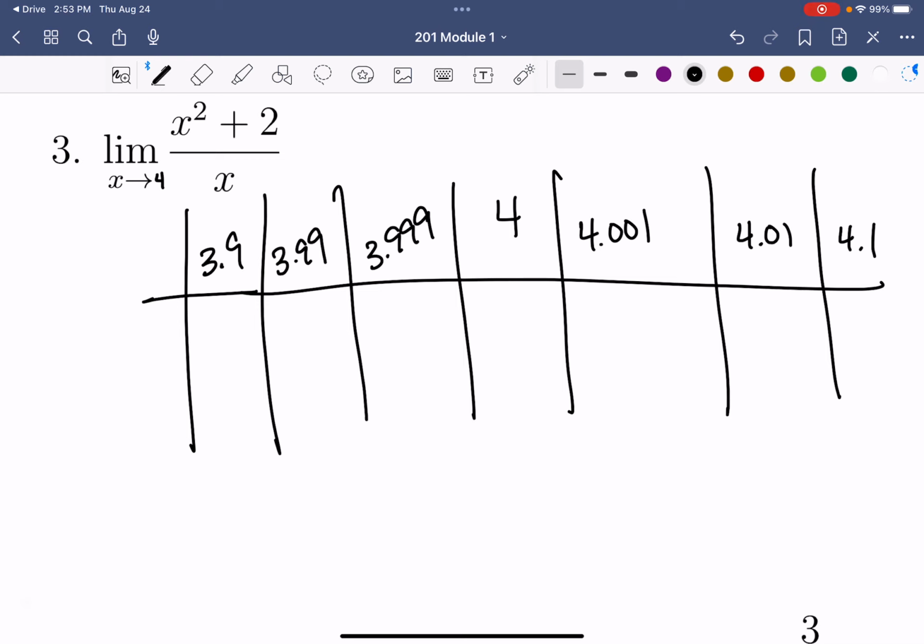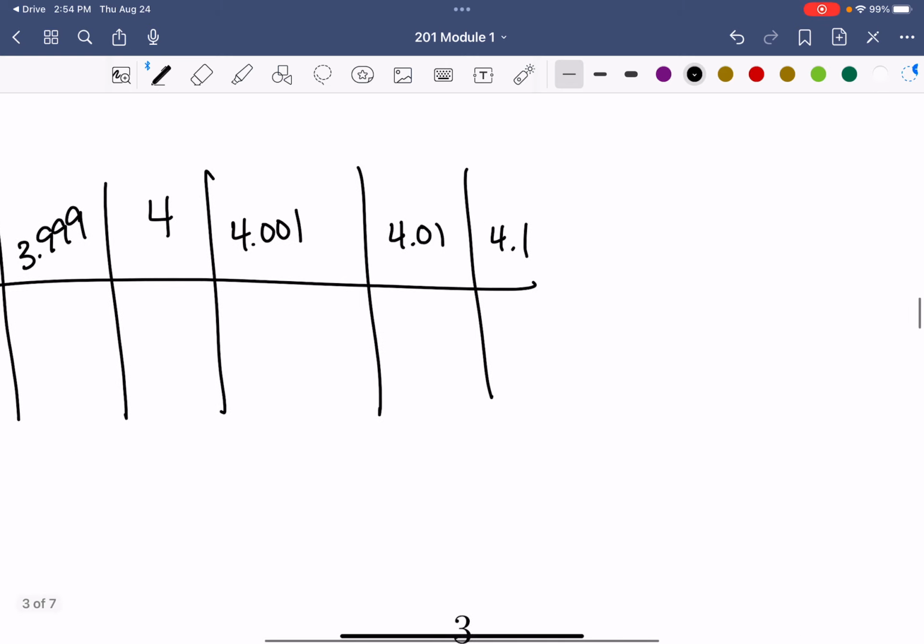All right, now I'm a little behind on this one, so let's see if I can calculate them real quick. For 4.1, I've got 4.59. I've got 4.51. And I've got 4.501.